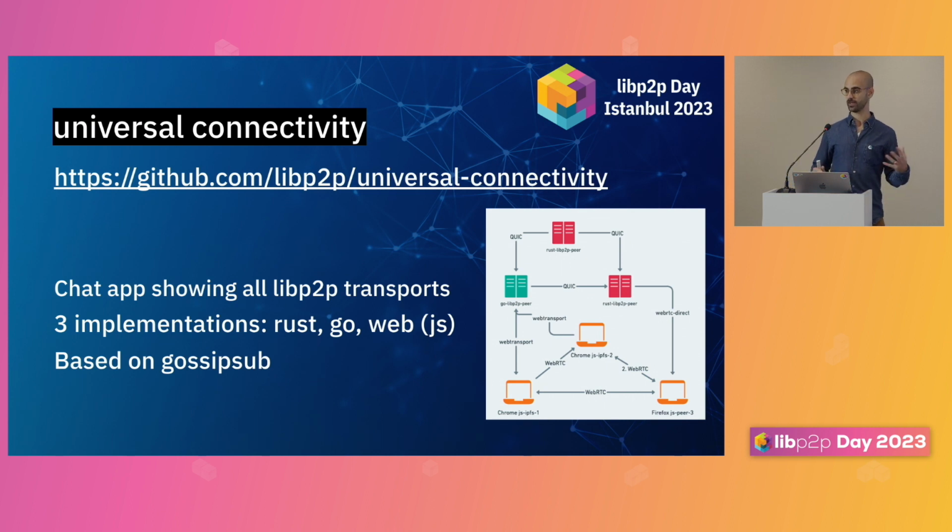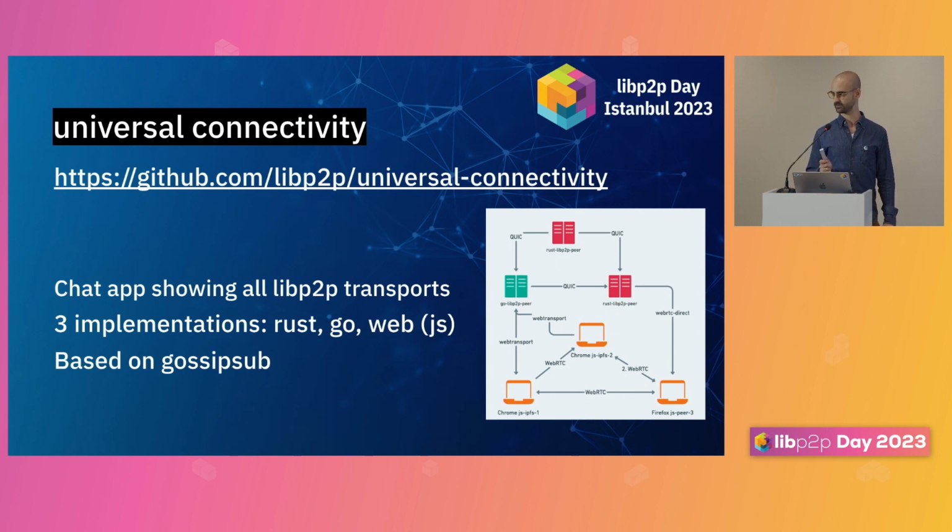So in order to make this work, especially for browsers, we have a Go and a Rust bootstrap peer that are always running. The reason that we have both of them is because WebTransport is still only supported in Go libp2p, and WebRTC Direct is supported in Rust.